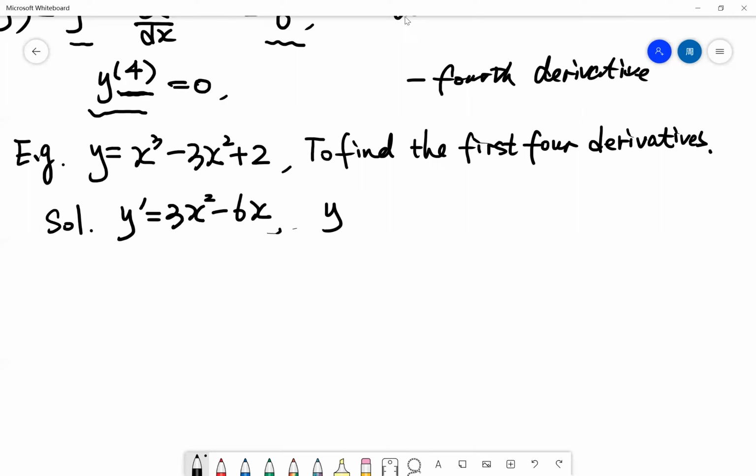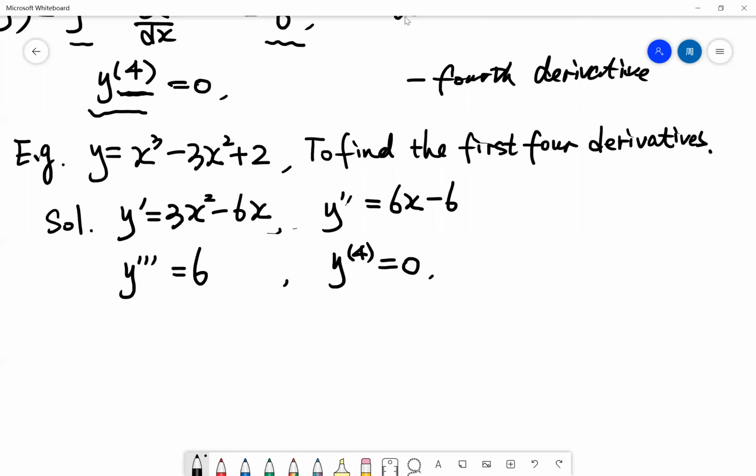And then y prime prime equals 6x minus 6. And y prime prime prime equals 6. And the last one, the fourth derivative, equals 0.